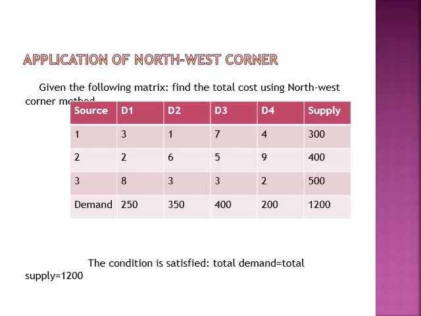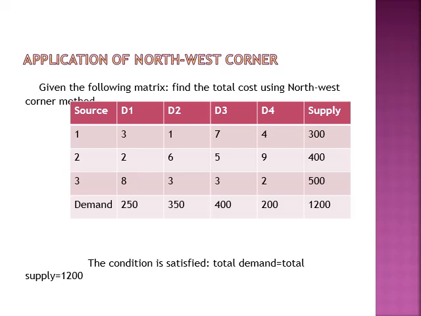Market center D1 requires, check the row of demand, the last row, the lower row, 250 units. The application should start with D1 and source 1.